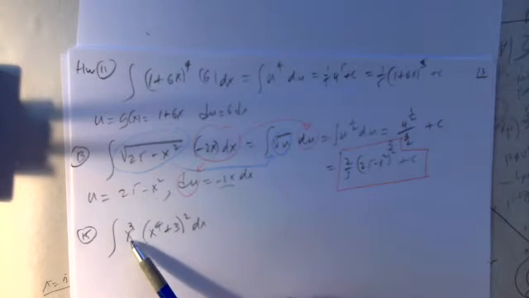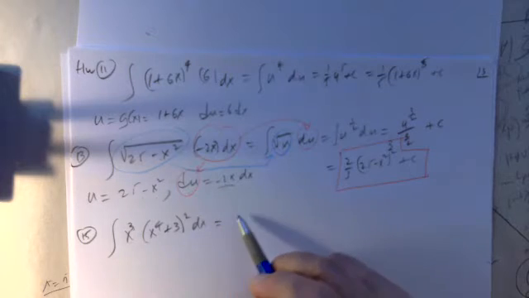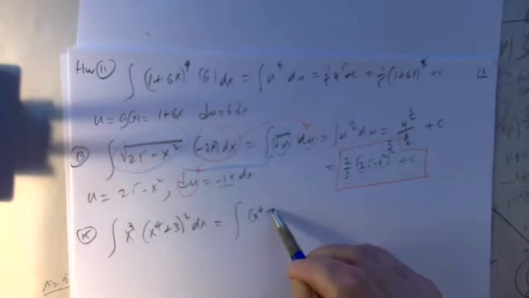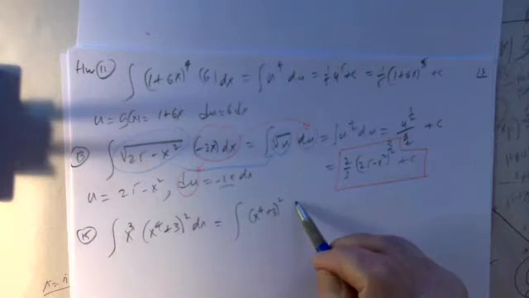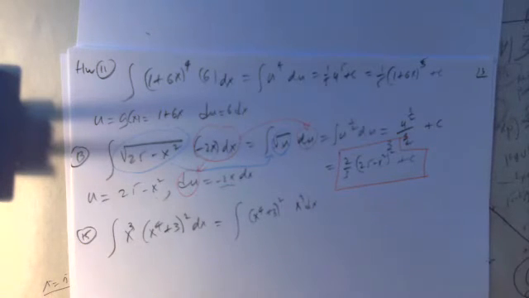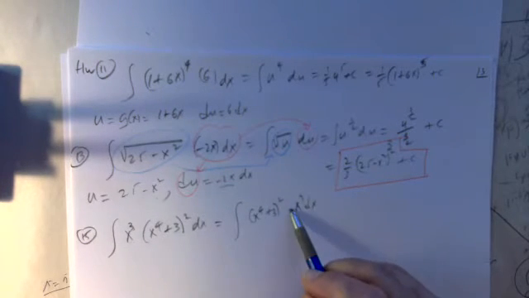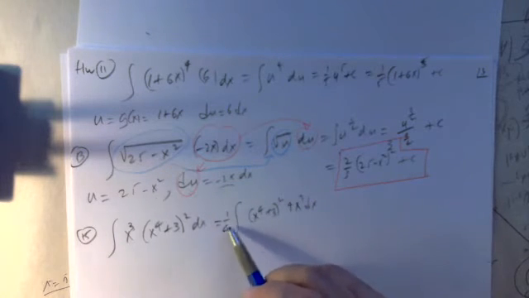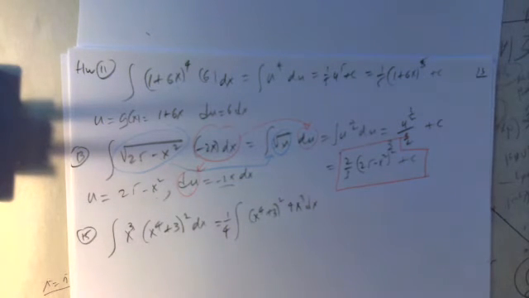But I don't have 4x cubed, I just have x cubed. But I could rewrite this like this. Let me just put this in this order. (X to the fourth plus 3) squared x cubed dx. I would like to have 4x cubed. So if I multiply by 4 and I divide by 4, this is still a correct equation.